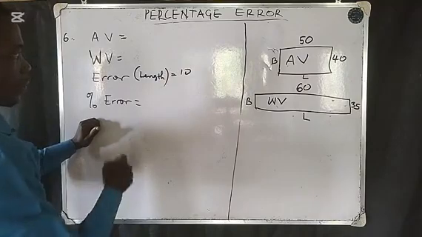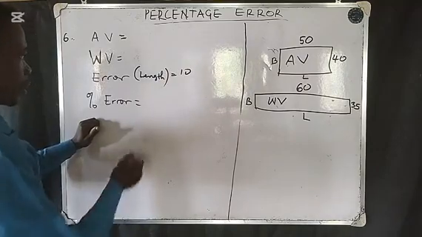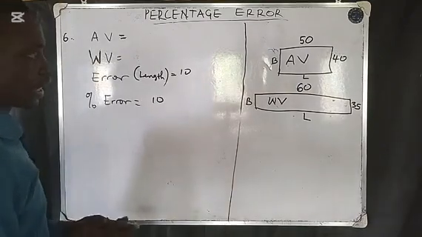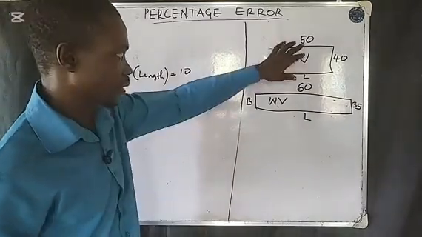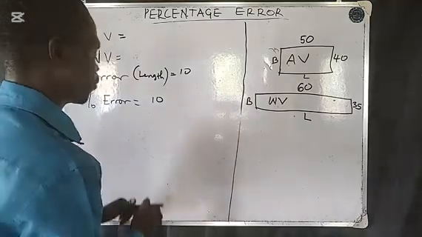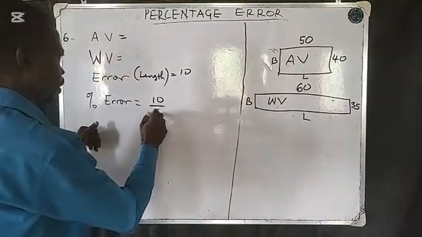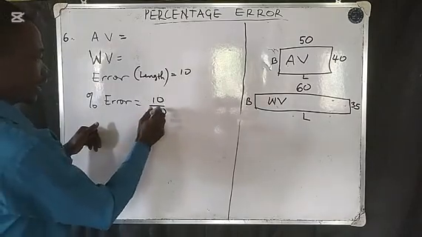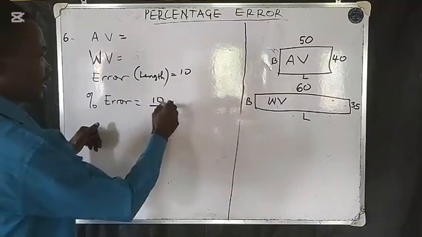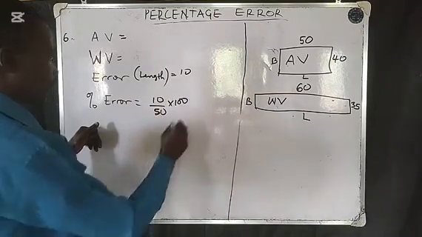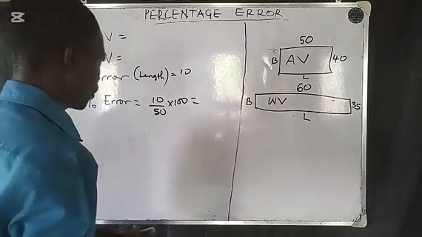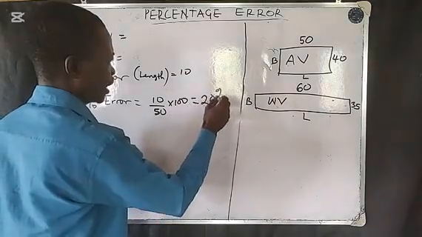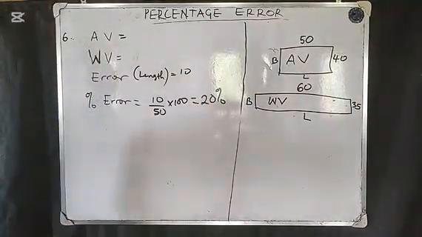Then percentage error of the length will now be error over actual. That will be your denominator, 50, right? Error in length is 10. Then the error over the actual, which is 50, times 100. We give you the percentage error, right? So the percentage error is what? 20%.